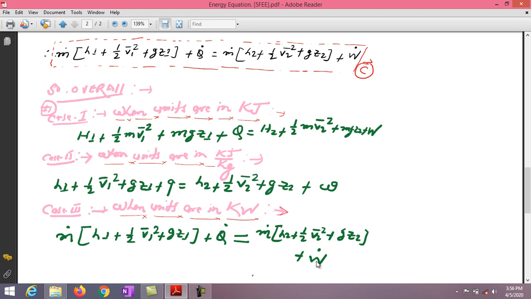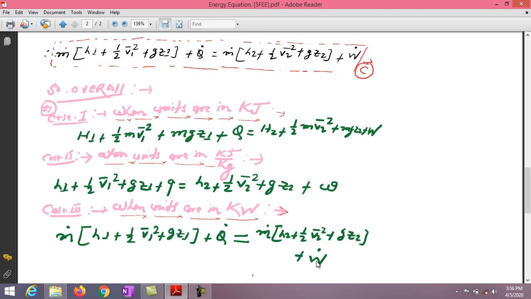That means we have derived the steady flow energy equation in three different forms. In the first form, the units are in kilojoule. In the next form, the units are in kilojoule per kg, and in the last form, the units are in kilowatt. We have only three important equations. All three equations are the same, only the units are different.